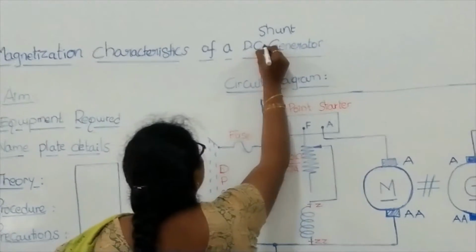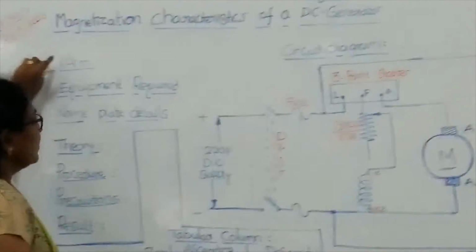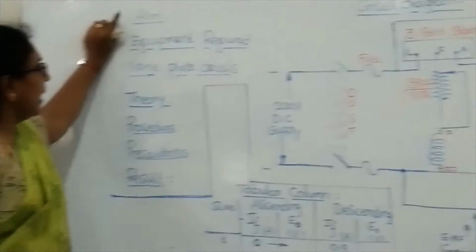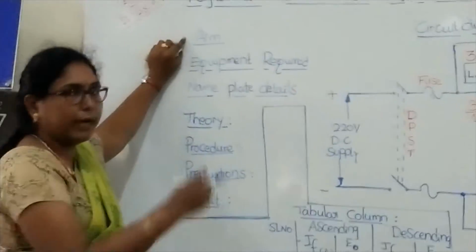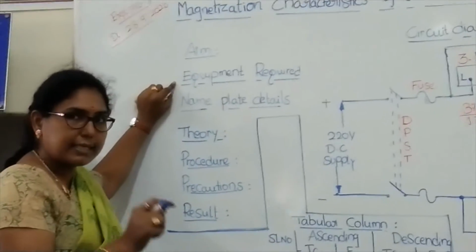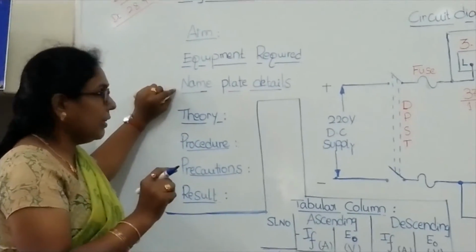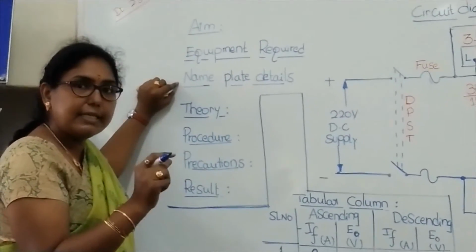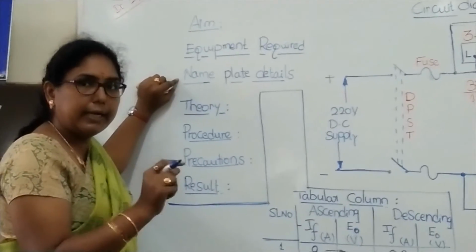Then the aim of the experiment. First of all, we have to write this on the right hand side. Then the equipment required to conduct this experiment, and the nameplate details of the machine you are conducting the experiment on.